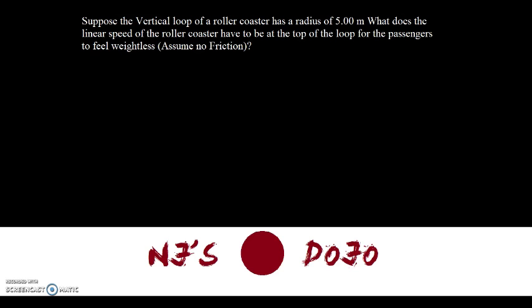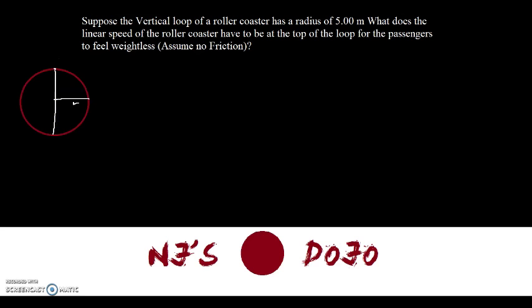So basically, if we draw this free body diagram, it would normally be understood that a person would be located here at the top of the roller coaster, and of course the center and the radius here.